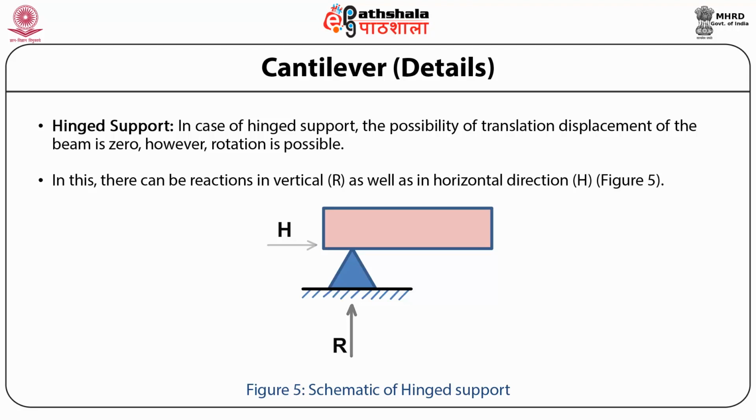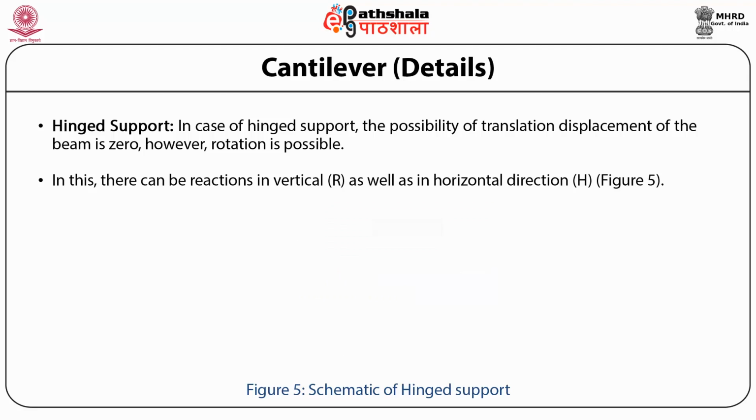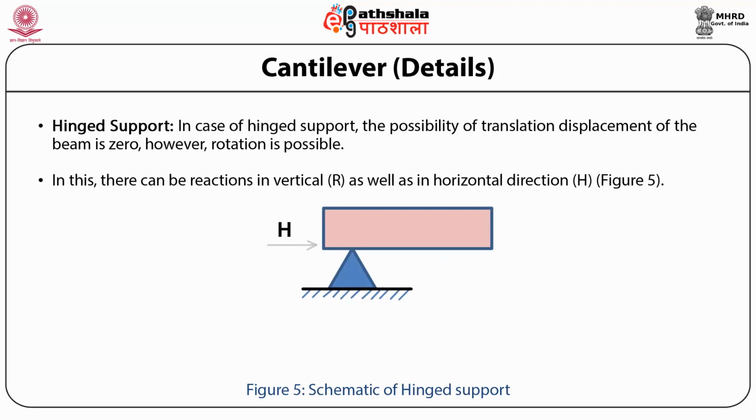In the figure given below, you can see the schematic of the hinge support, in which both vertical, that is capital R, and horizontal, that is capital H, reactions are possibly seen, because the translation displacement is zero, but the rotation is allowed.